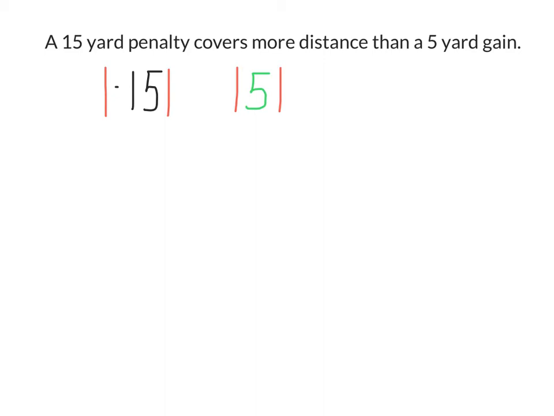So we do the absolute value of each of those. The absolute value of negative 15 is 15. And the absolute value of 5 just stays 5. So now we can compare those. Which one is greater, 15 or 5? So we take a look at that. And we know that 15 is greater than 5.